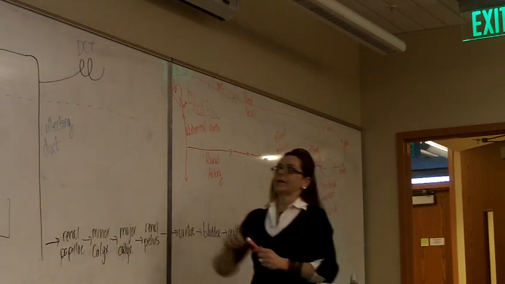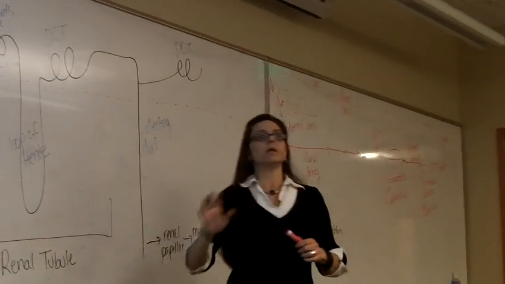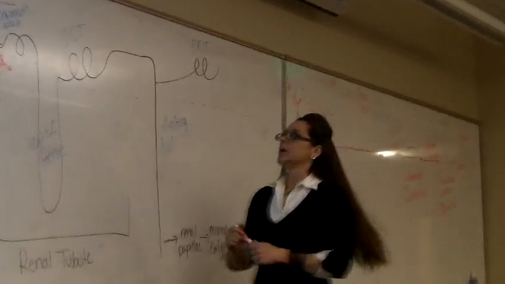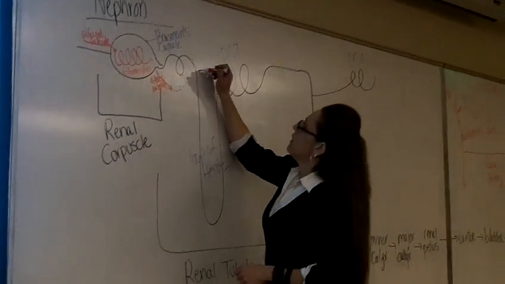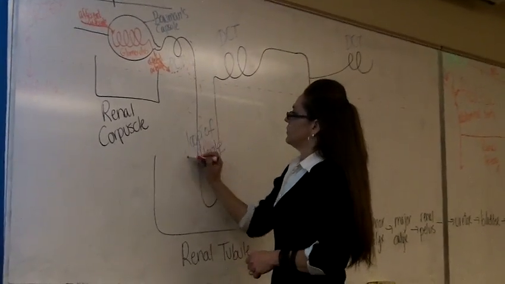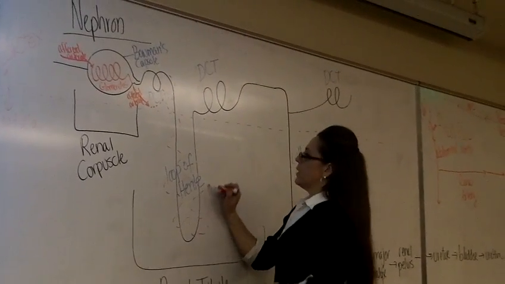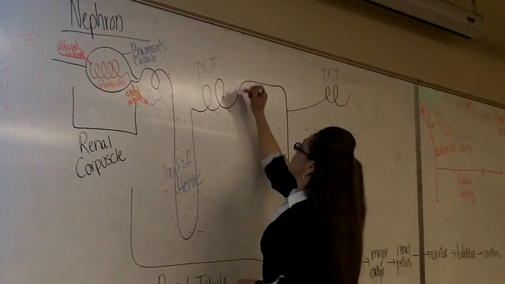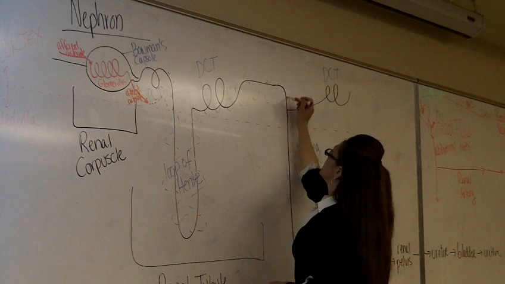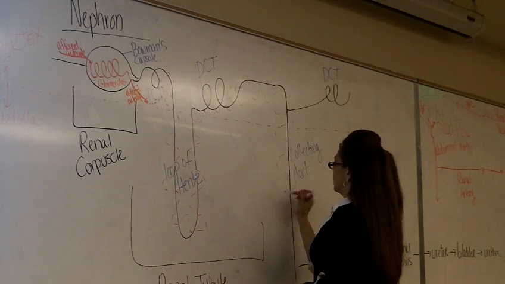And this is happening at every single one of the 1.5 million nephrons. And the peritubular capillaries, they are all around this renal tubule. So all around this renal tubule are the peritubular capillaries. They're all around here.